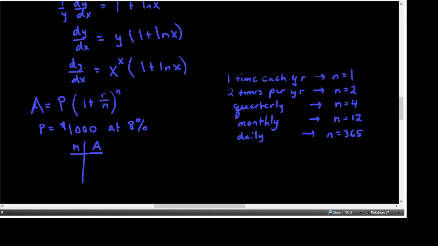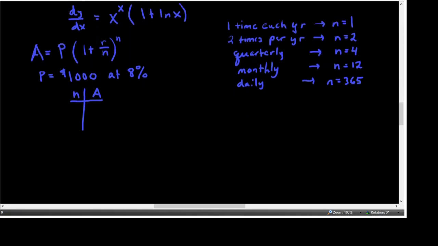And if you substitute all of those numbers in, except for n, the amount of money will be $1,000 times 1 plus 0.08. Remember, 8% will be written as a decimal over n to the nth for this problem.